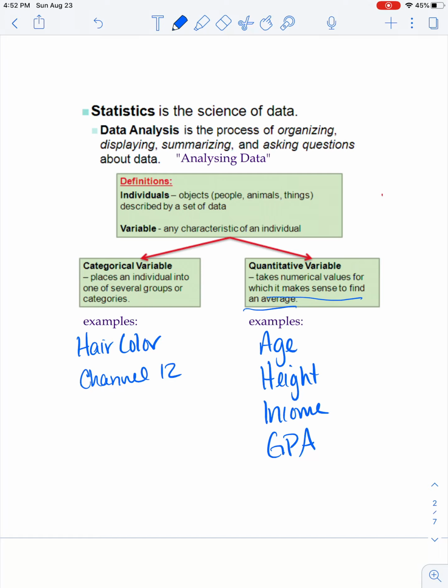Or would it make more sense for you to figure out how many people are watching each channel and show the distribution more like a category? So a channel, even though it's a number, is really a category. It just happens to be named with a number.